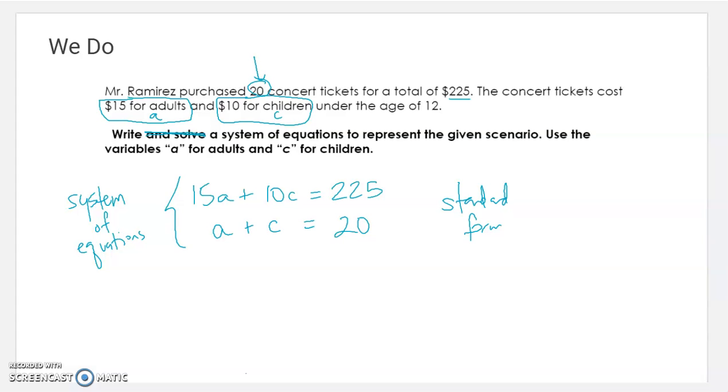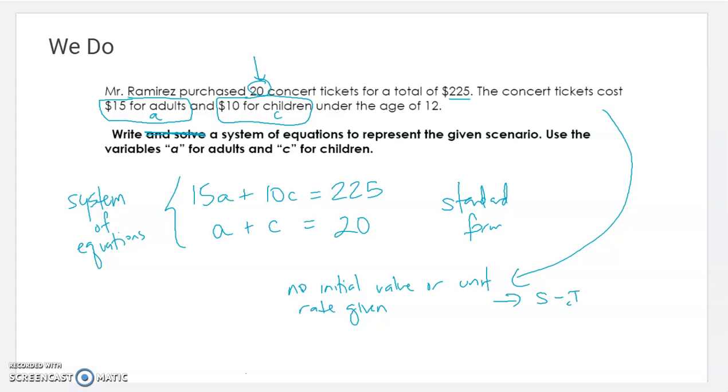Okay. Here's the thing to add. Here's the big deal about it, right? You'll notice in the situation, no initial value or unit rate is given. And if no initial value or unit rate are given, slope-intercept form is not a possibility.